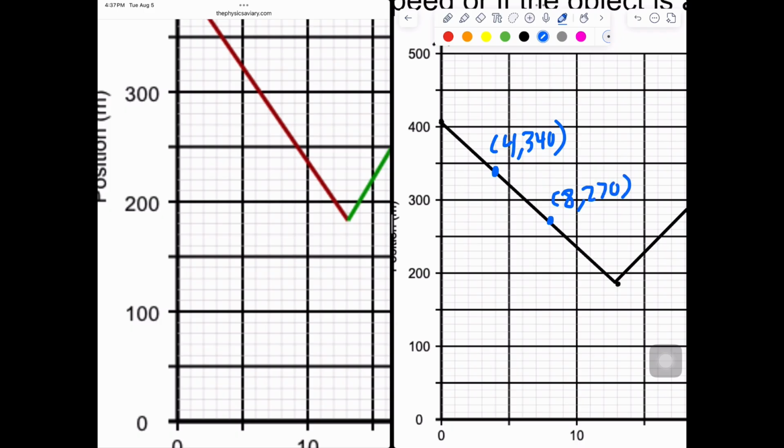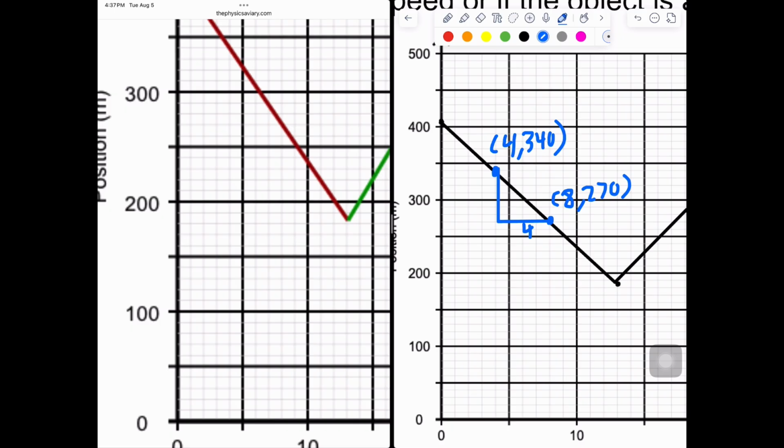Okay, so I'm going to take the difference between 340 and 270 to get my rise, and the difference between 8 and 4, which is 4, to get my run. Actually, it's 270 minus 340 to give a negative value.